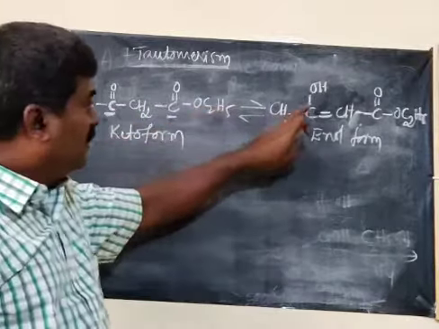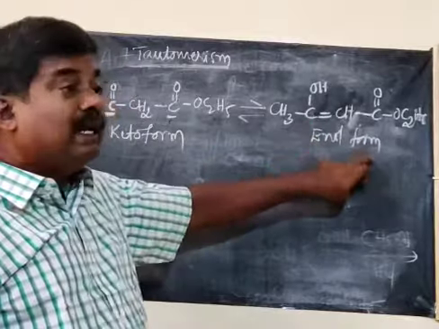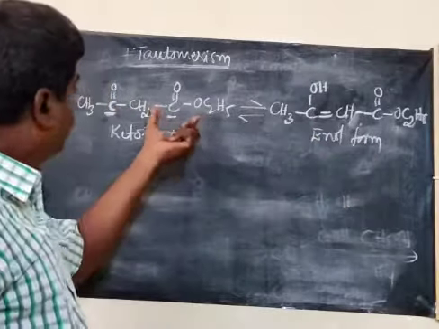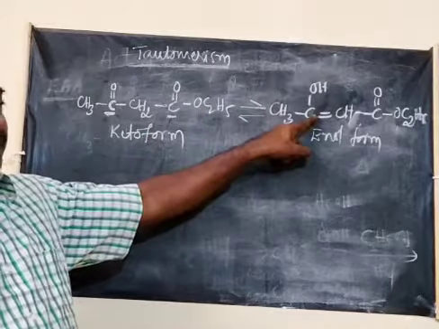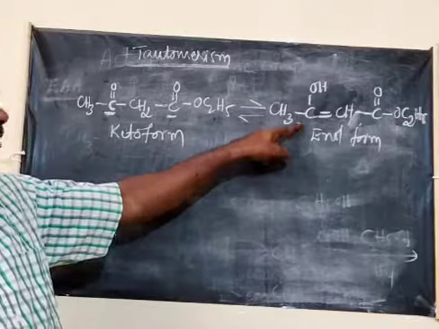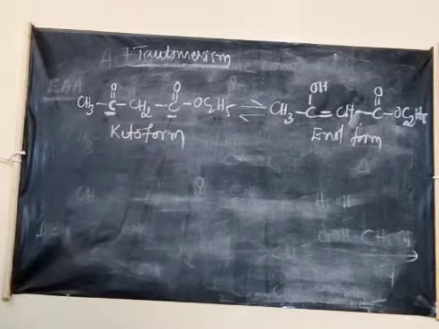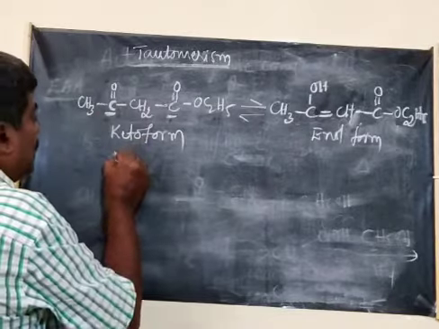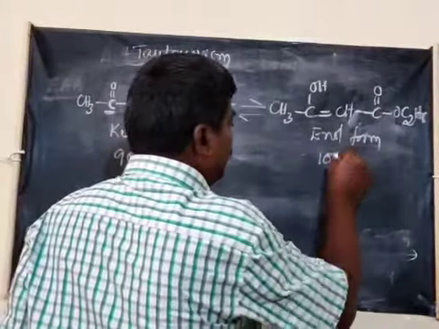Here, an alcoholic group and a double bond are present, therefore it is called the enol form. These two structures are mutually interconvertible and exist in dynamic equilibrium. If you analyze this compound, the keto form exists to 90% and the enol form to 10%.